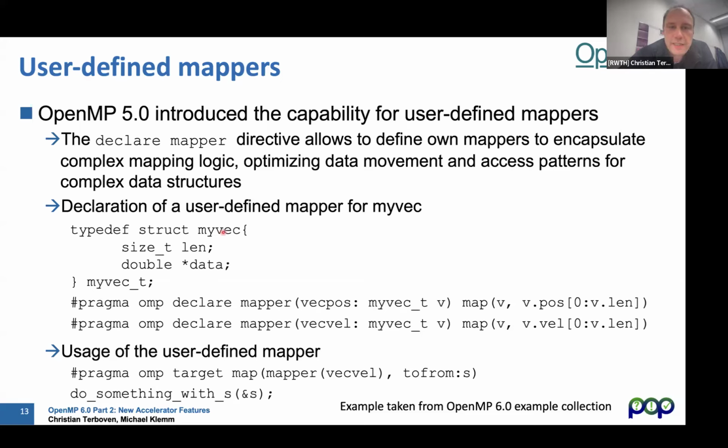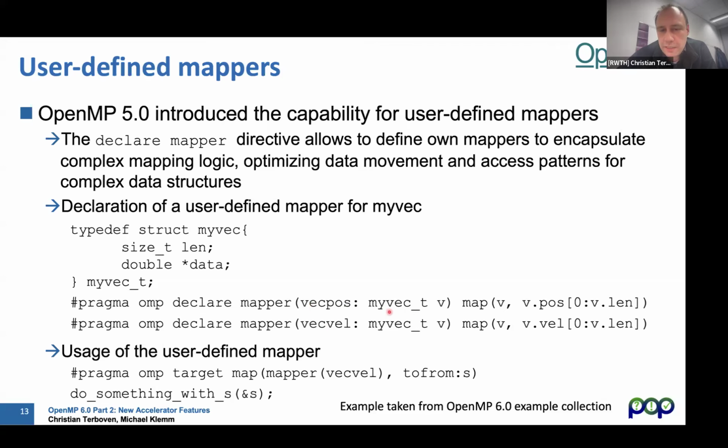So let's take a look at this here. This is a my vector that consists of the length information and the actual data, let me call this the payload, and some metadata, resulting in the data type of this name, and being instantiated here. For the sake of an example, I declared 2 different mappers here, the vector vecpos and the vecvel.